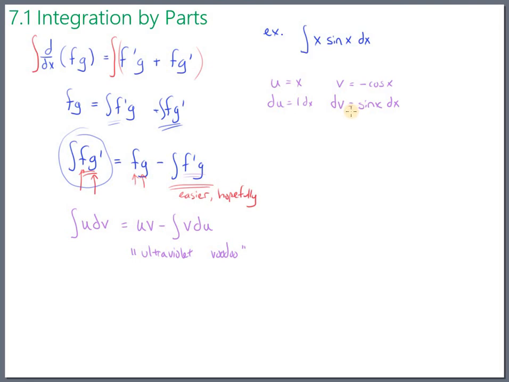Okay, so now let's see if we can rewrite our original integral. I looked at it as being u dv. So the integral of u dv should be equal to ultraviolet. So there's ultraviolet, x times negative cosine of x.